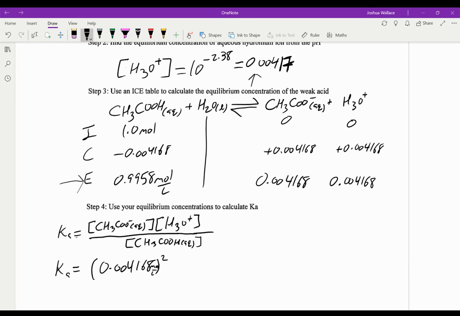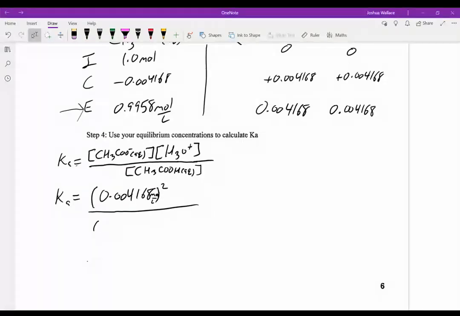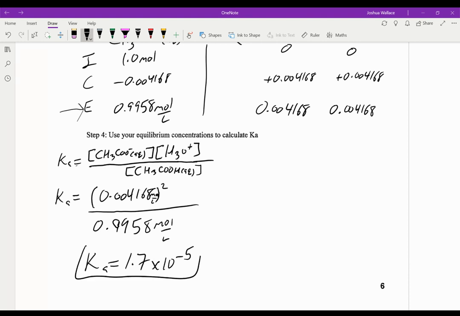This is moles per liter, over my concentration of 0.9958 moles per liter. My Ka is a value which is 1.7 times 10 to the negative 5.